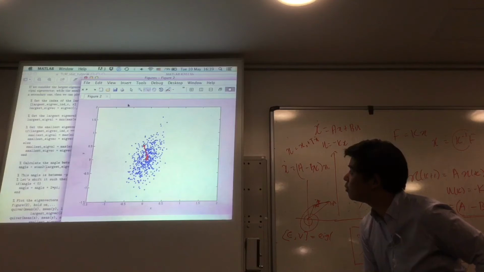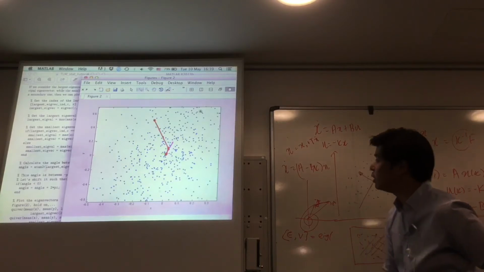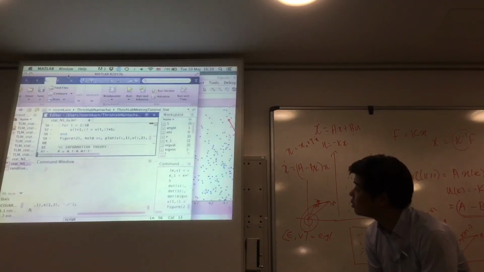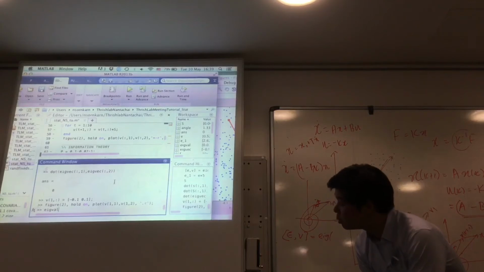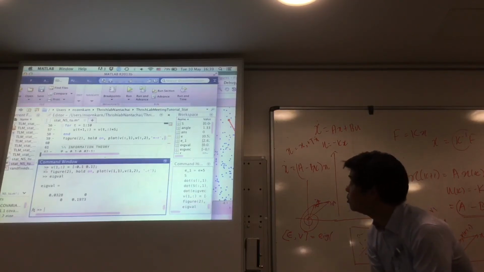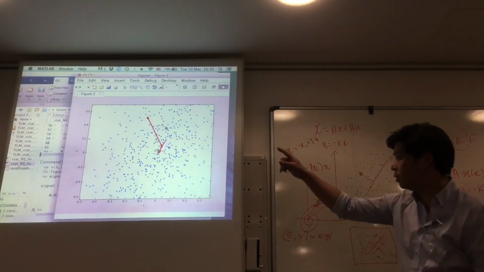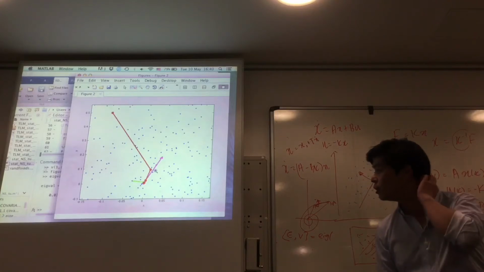I say that my first point is here. So after 5 cycles, since the eigenvalue is so small, less than 1, it starts to turn to the principal eigenvector and then go to 0.